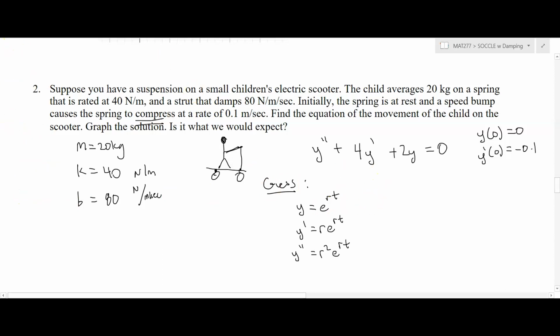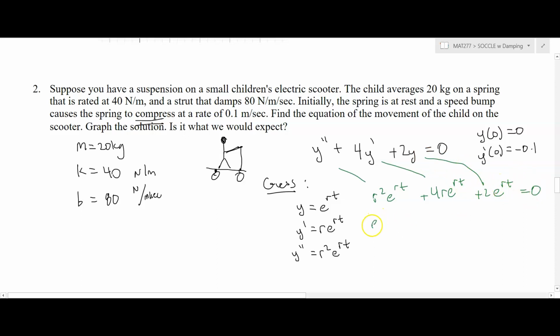Fortunately for us, it works out to be leading into a square. So now substituting in for y double prime, r squared e to the rt. For y prime, we'd have 4r e to the rt, plus 2y, plus 2 e to the rt equals 0.